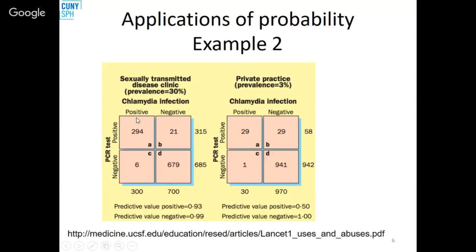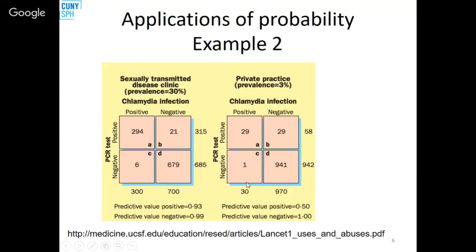If we calculate, for example, the sensitivity, which is the probability of identifying positive cases, the thing that was 100% in that cancer example, it's 294 out of 300, and 29 out of 30.